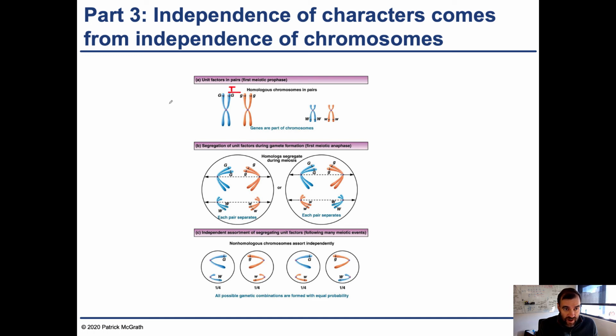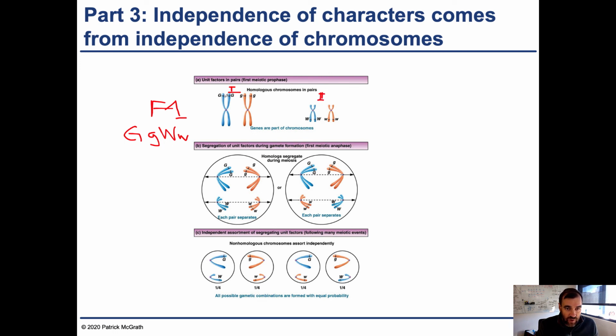If we're looking at an F1 individual right here, the genotype of this F1 individual is G little g, W little w. And if we looked at the chromosomes, it would look something like this. So this G gene is on the first chromosome, and then the W gene is on the second chromosome.